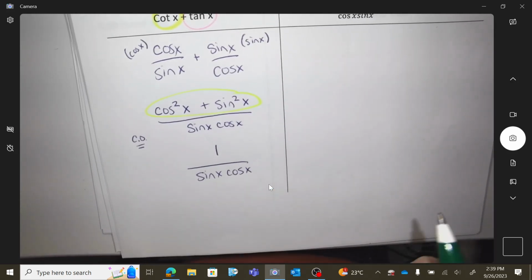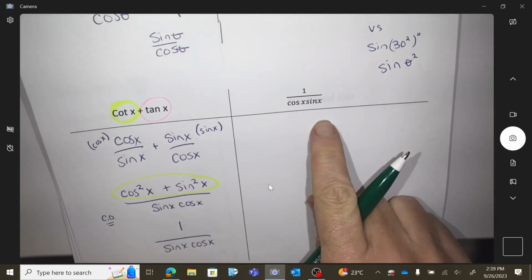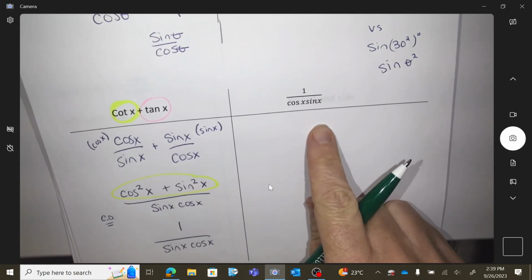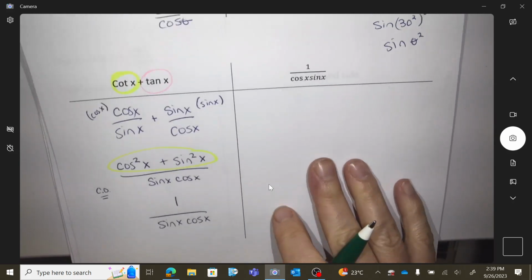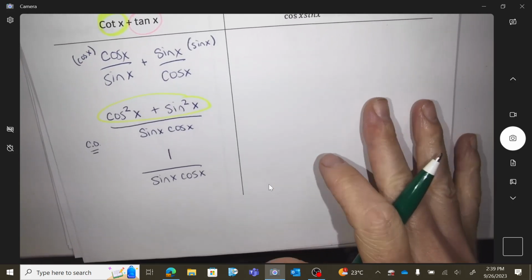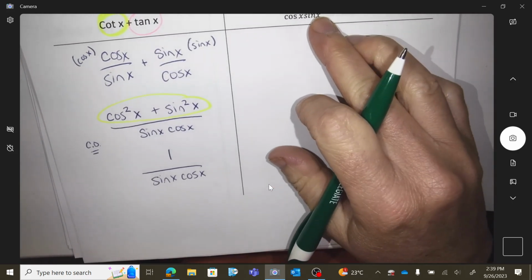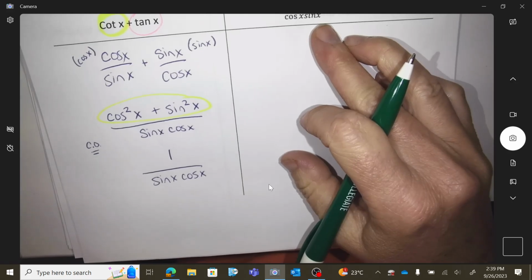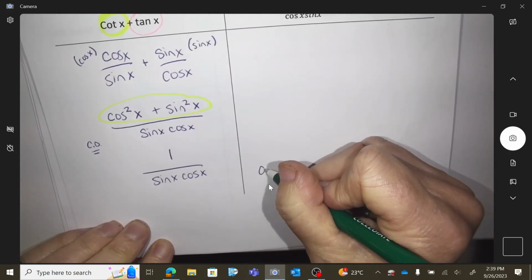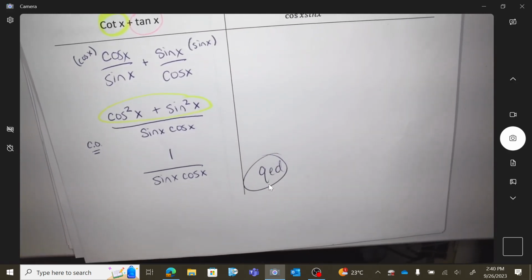And Locke, did you know that, or did you kind of peek at the end result to say, like, where am I going, and giving me a hint? Okay, so again, sometimes look on the other side for hints, like where are we going? And then we're done. We did it. We showed it.